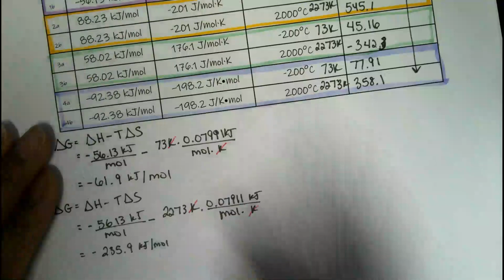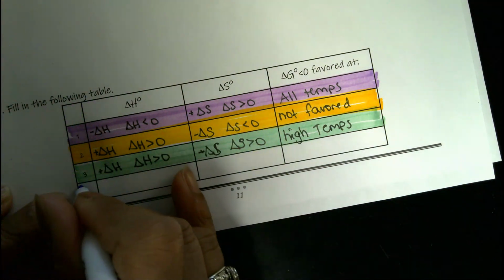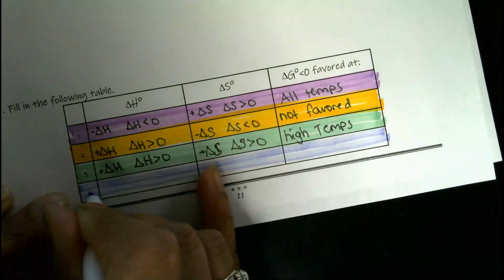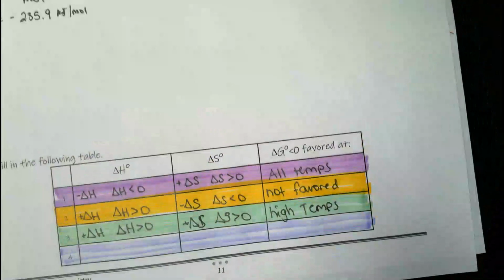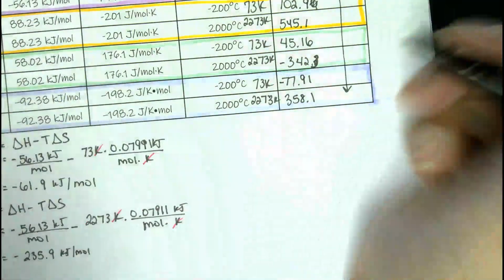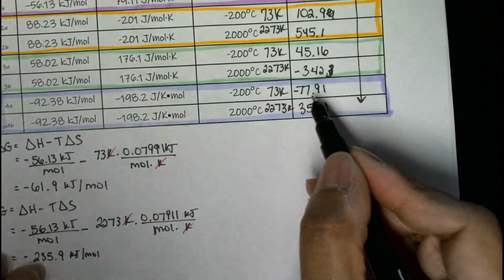All right, and then 4, it looks like both were negative. And just checking. Oh, this one I think should have been a negative number. So for 4A, make that negative 77.91.